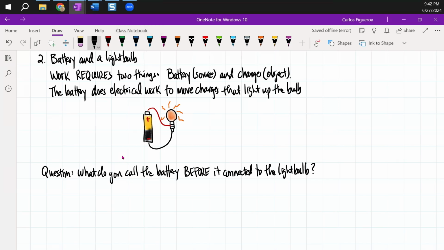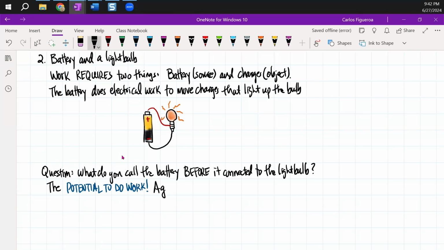We call it the potential to do work. It's not doing any work because it's not connected.